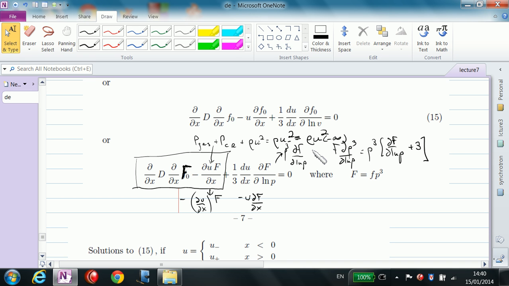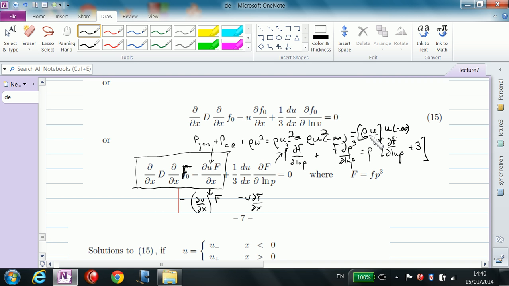And since rho u is a constant, I can write this as rho u minus times u minus infinity. In other words, rho u minus is just a constant in and of itself. It's the mass flux, and that's non-negotiable.